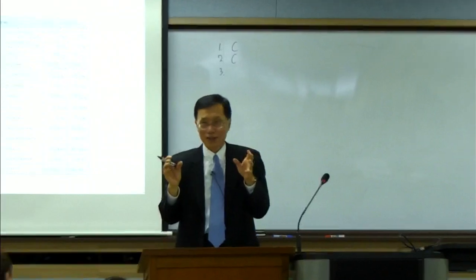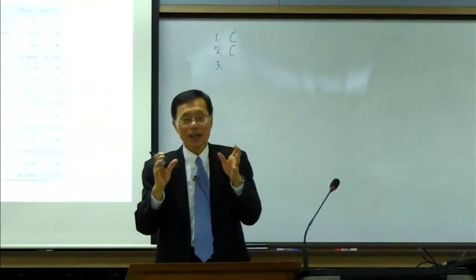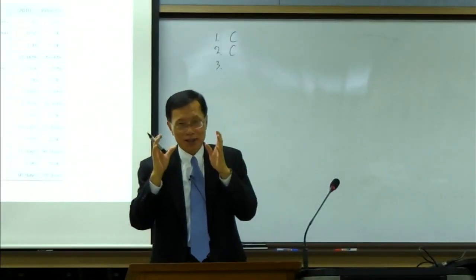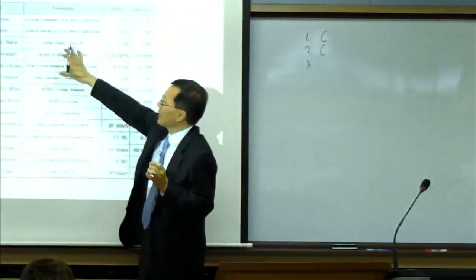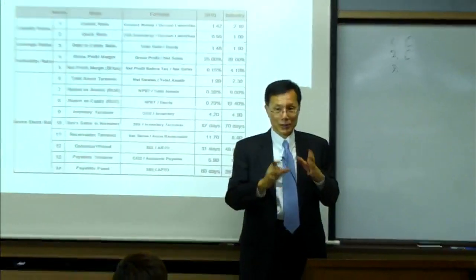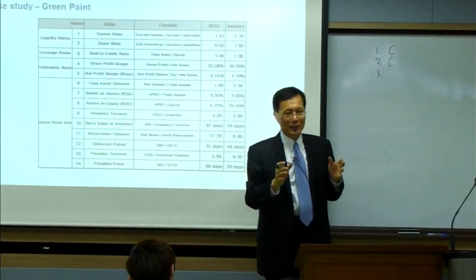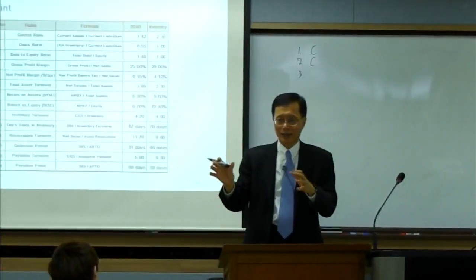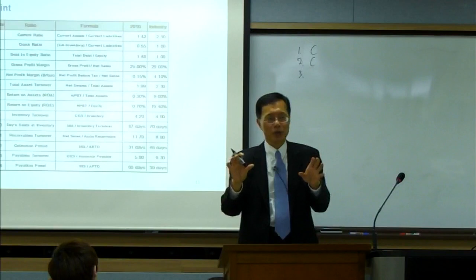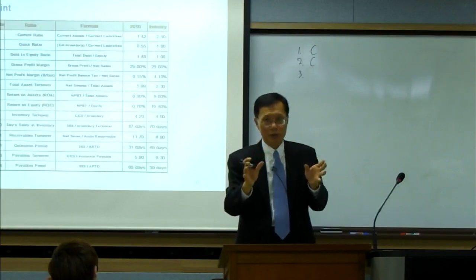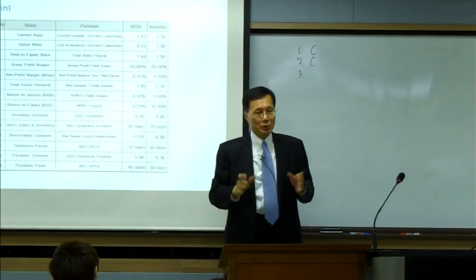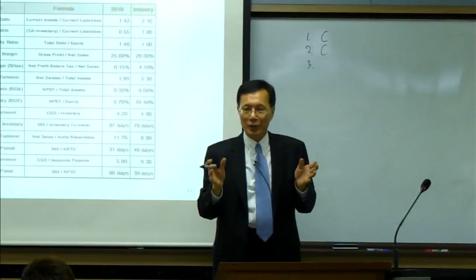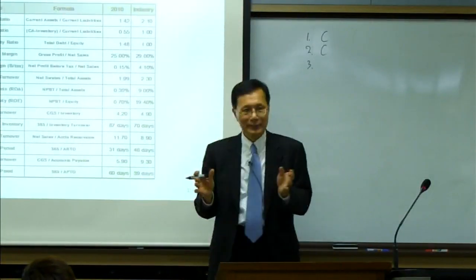But in Korean, it's 부채비율, but the 부채비율 is computed as debt to equity ratio. So whenever Korean newspapers show 부채비율, that's debt to equity ratio. Debt equity ratio is 1.48 versus 1.